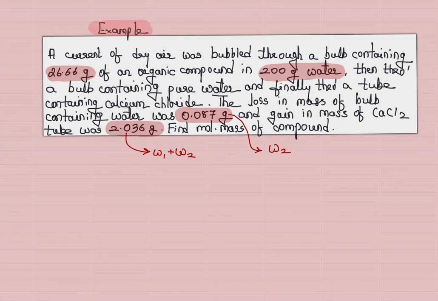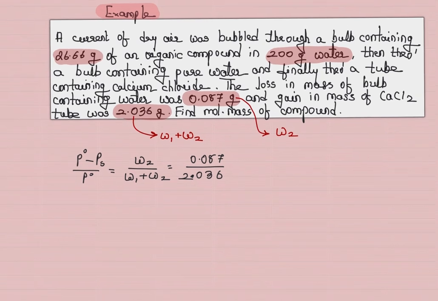So now I can very easily put P0 minus PS upon P0, which is nothing but W2 upon W1 plus W2, and this is nothing but 0.087 divided by 2.036. I hope this is absolutely clear to you all, right?